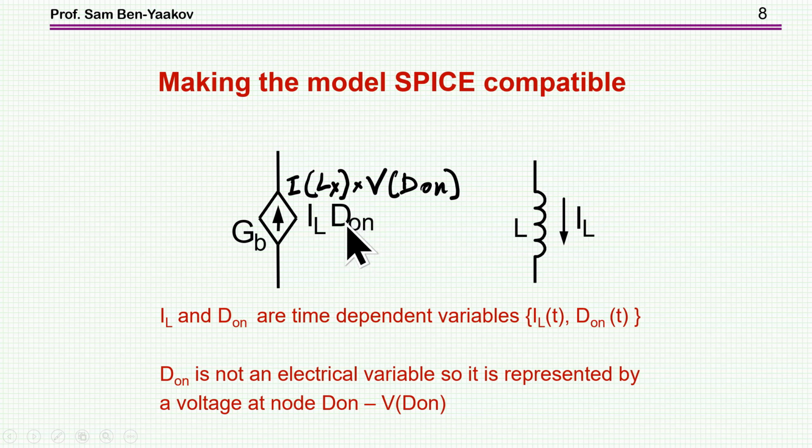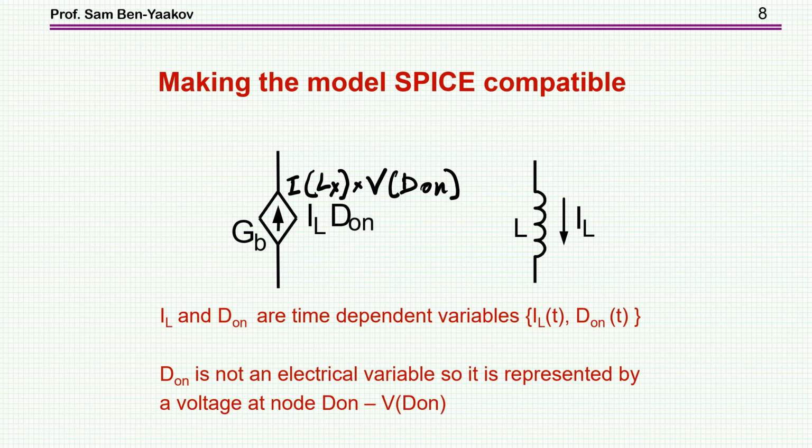So there'll be a node in the system, we'll call it d-on, and the voltage of this node represents the duty cycle. So then I can have a current source, which is the current of the inductor times the voltage of d-on, so this is in fact IL times d-on. So this is how we translate this behavioral model into a SPICE-compatible model.